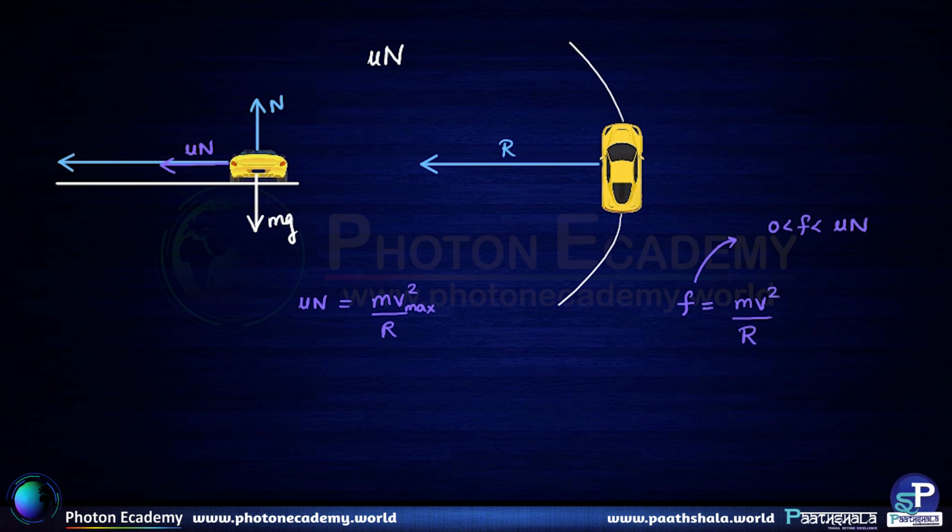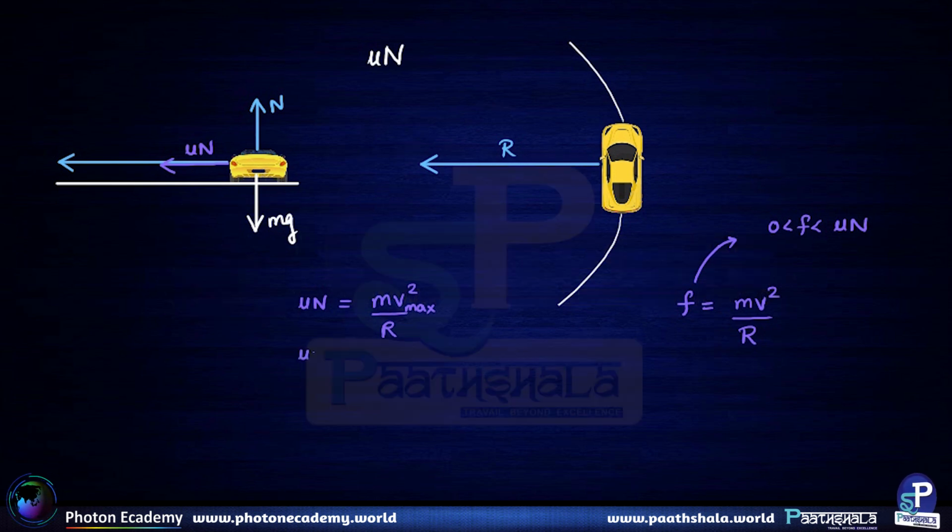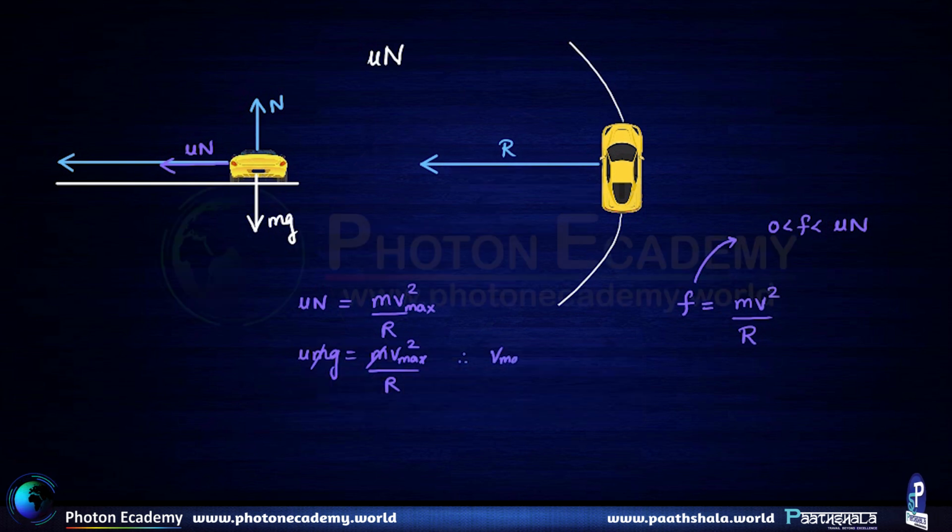So mu n over here is equal to m v max square divided by r. And since we know that n is equal to mg, we can thenceforth write mu mg is equal to m v max square divided by r. So if we just cancel out the m's, we get v max square is equal to mu r g.